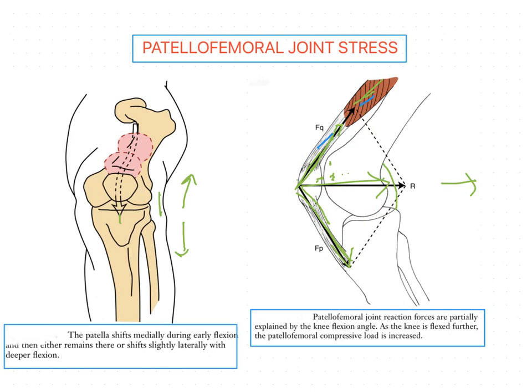At the middle of the knee flexion, that is 45 to 60 degrees, it has maximum contact force, isn't it? And after full flexion, what is going to happen? Only the medial aspect, that is the odd facets of the patella, is going to contact the femur, isn't it?